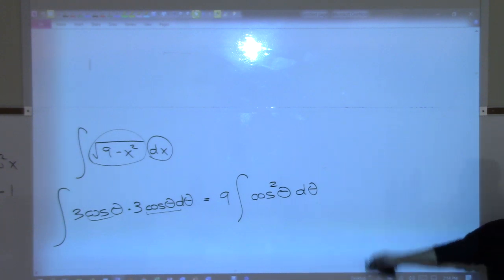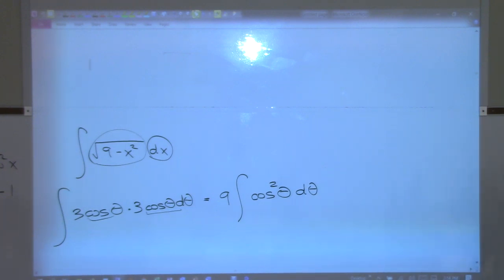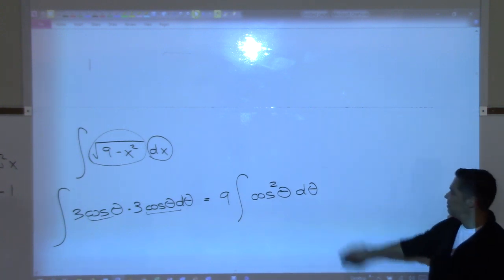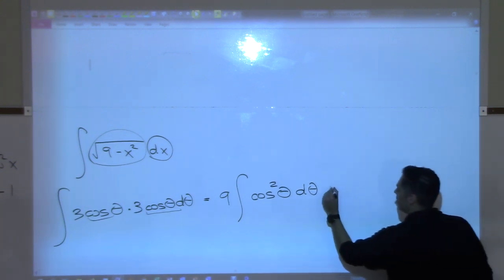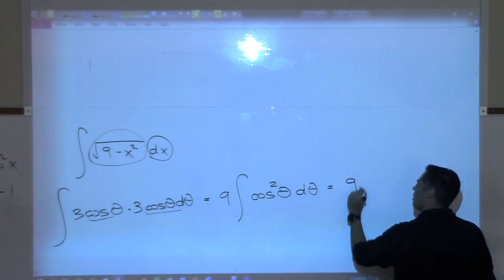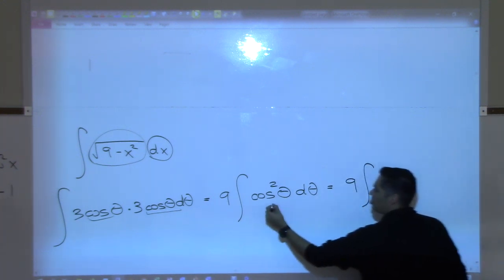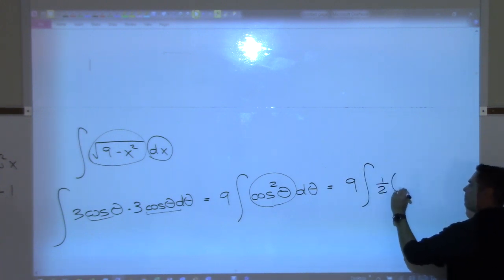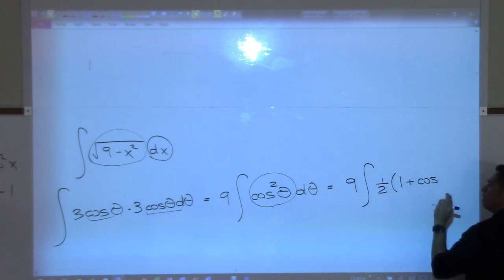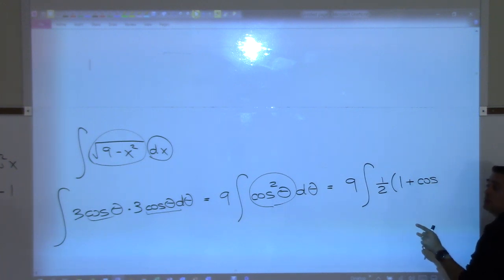So from last class, how do we handle cosine to an even power? Take out a cosine. Wait, no, that's 1/2. Yep, that's it. So we're going to take this and replace cosine squared with 1/2 times 1 plus cosine of 2 times whatever the argument is.